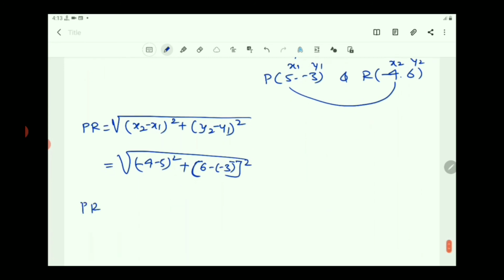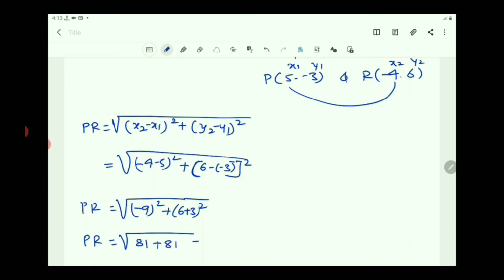Then PR equals, minus 4 minus 5 sum is minus 9 whole square plus, again it is 6 plus 3, you will get (6 plus 3) whole square. Then PR equals 9 square is 81, 6 plus 3 is 9, again 9 square is 81.